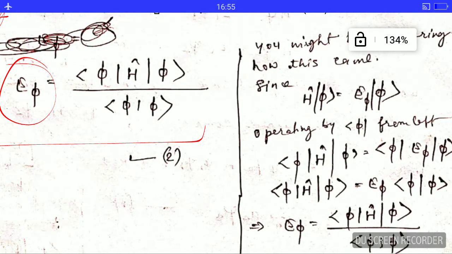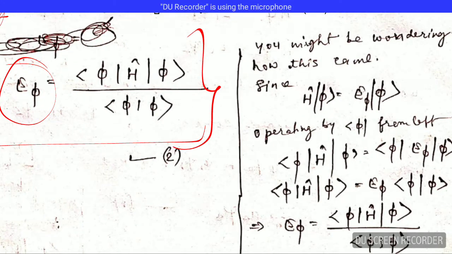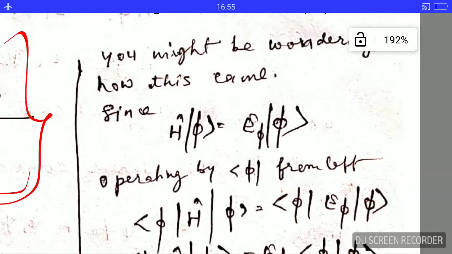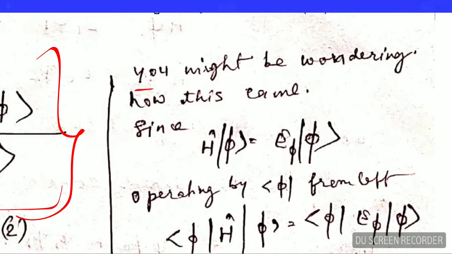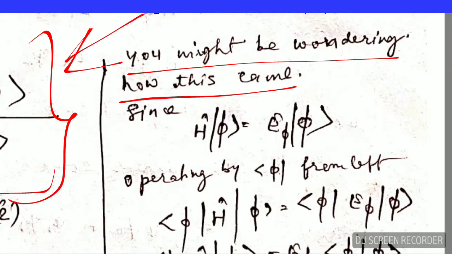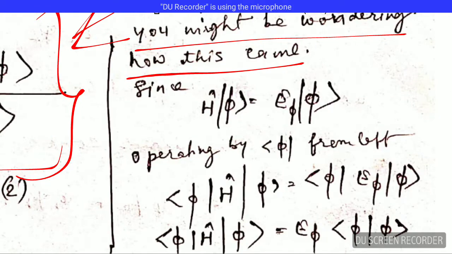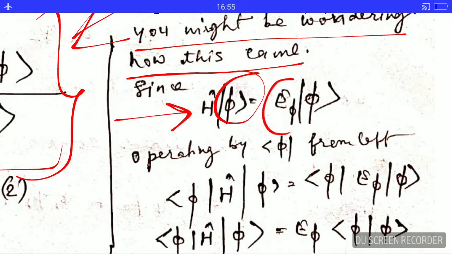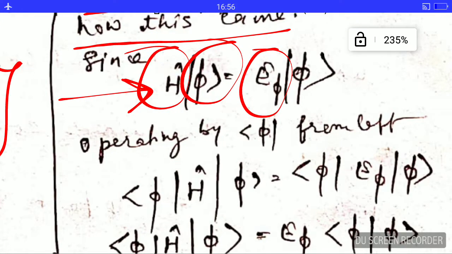You might be wondering how I can write this, how this equation came. We know that the eigenvalue equation for the state phi is here. E phi is the energy of the state phi, and this H is the Hamiltonian operator of the system.